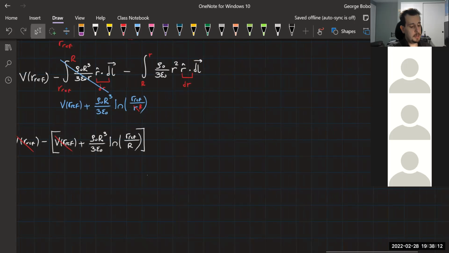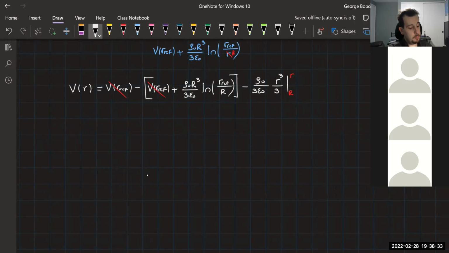Now I can pull the constants outside, and it's just an integral of r squared. Integrals of r squared become r cubed over 3, and I'm evaluating this between capital R and little r.